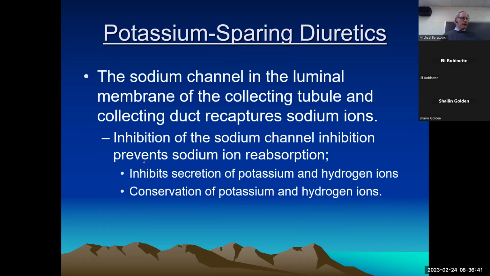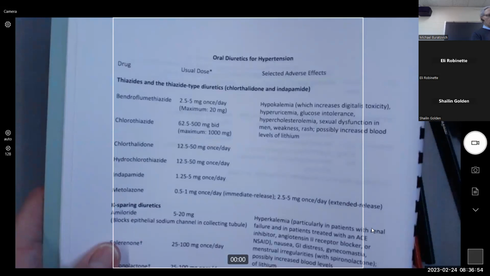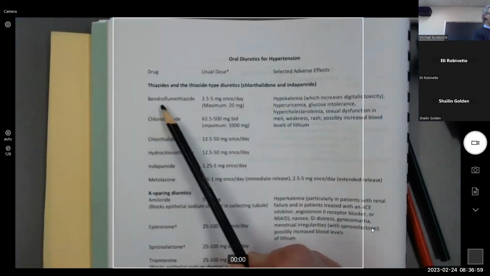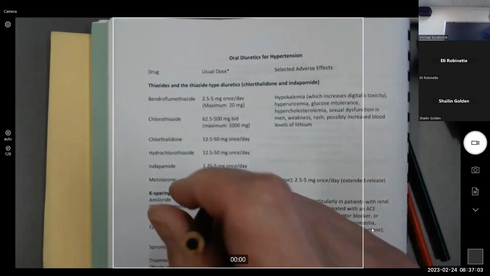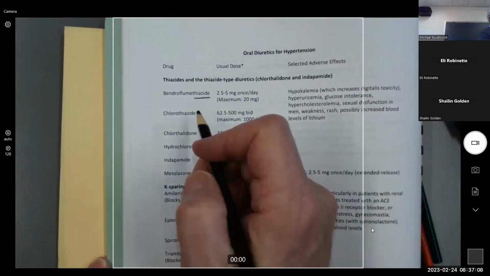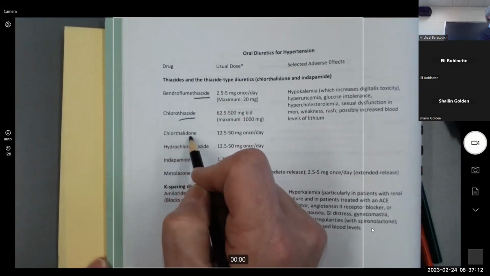So here, for example, on page 47 of your notes: bendrofluormethiazide, see the name thiazide, chlorothiazide, chlorthalidone.